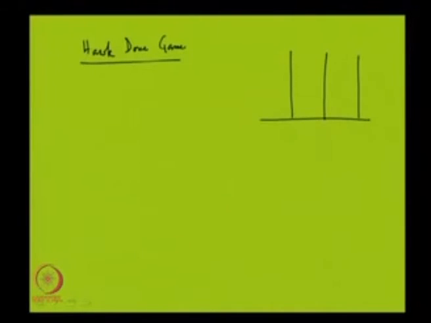Now, this is the hawk-dove game. To refresh our memory, the hawk-dove game that we were familiar with looked like the following. So, this is aggressive or the hawk action and this is the passive action.